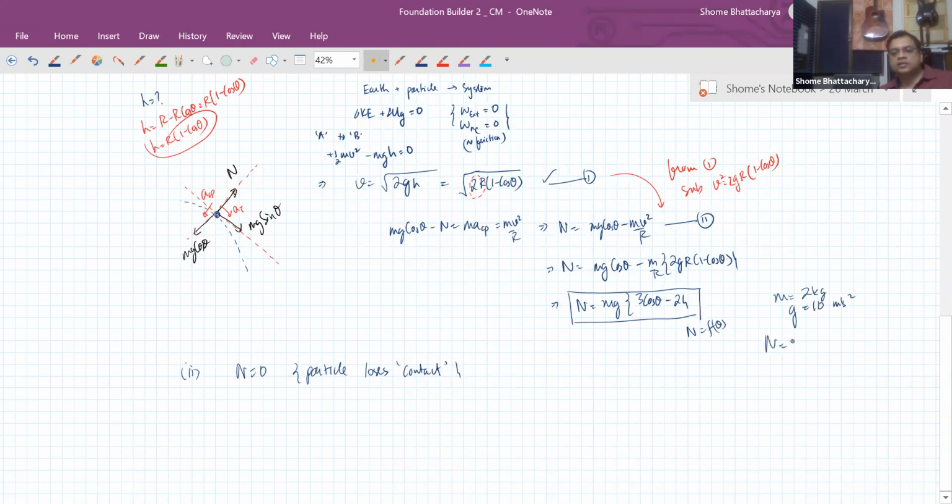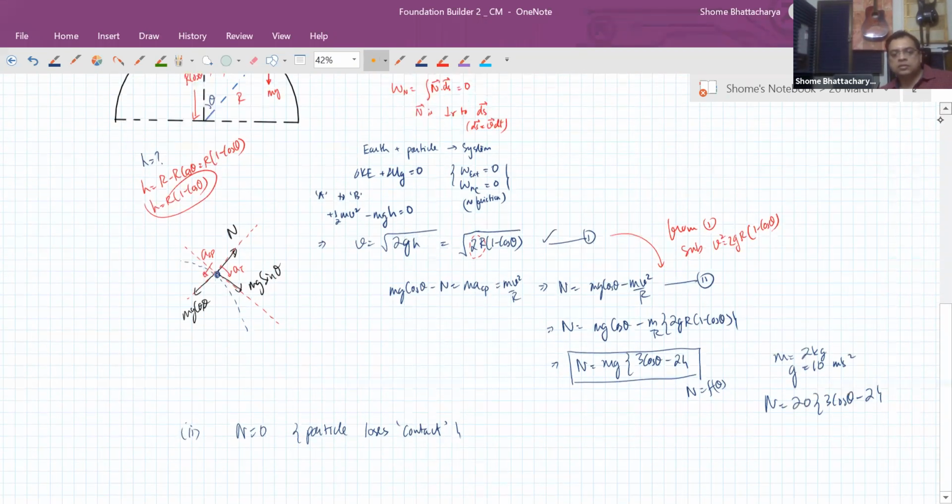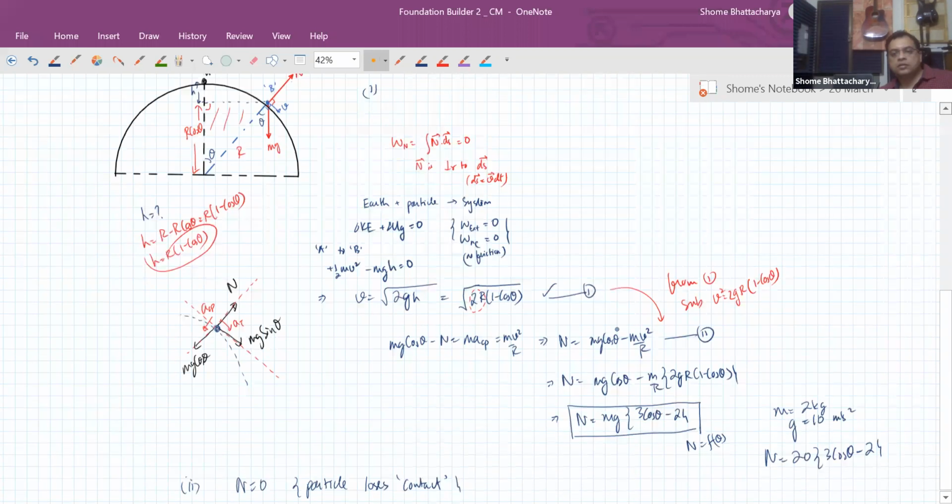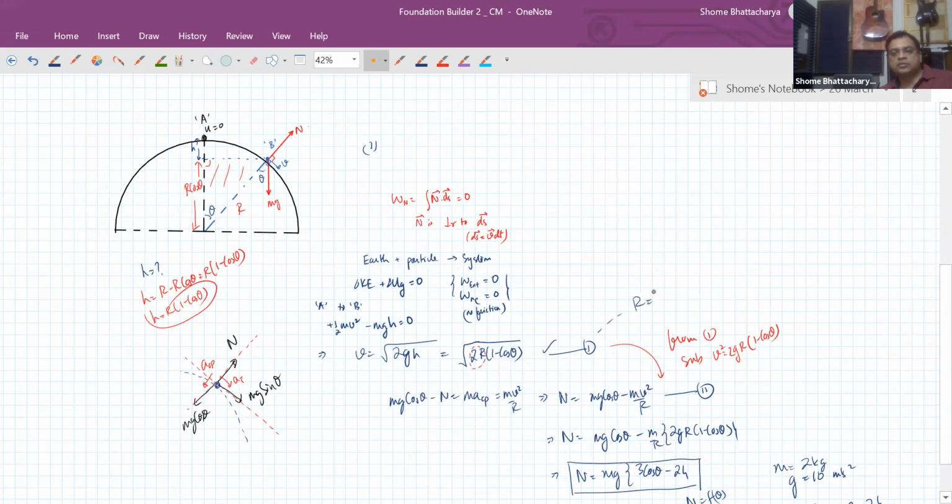So normal reaction is 20 into 3 cos theta minus 2. And similarly here, r is equal to 20 meters and g is 10 meters per second square.